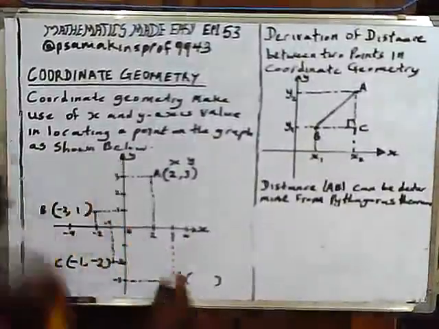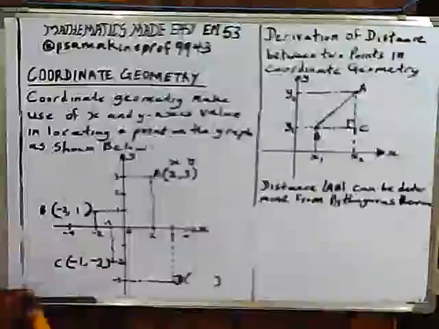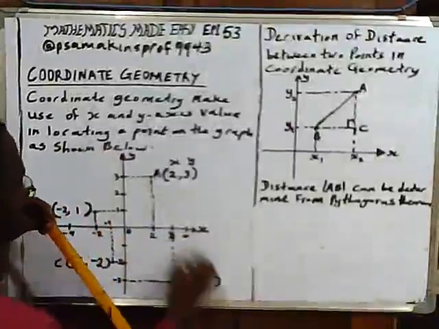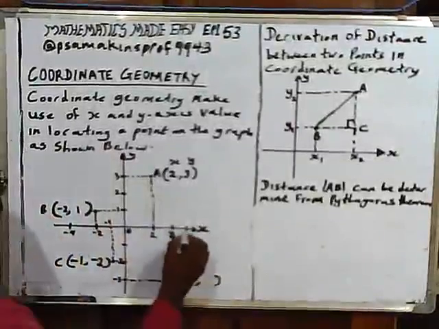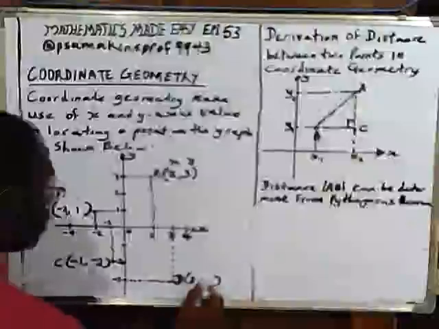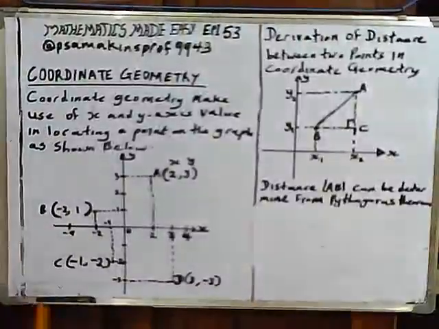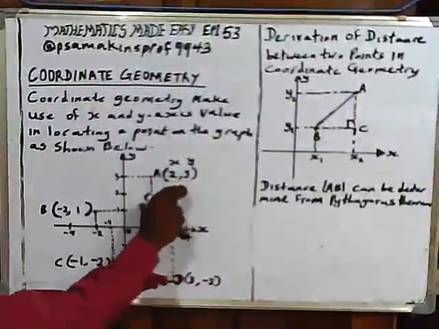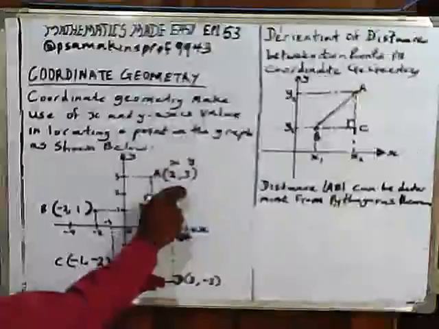Then point D: on the x-axis it is 3, and on the y-axis it is -3.